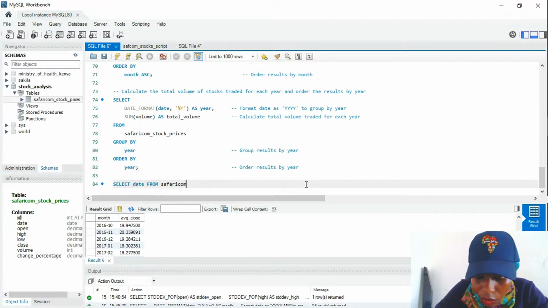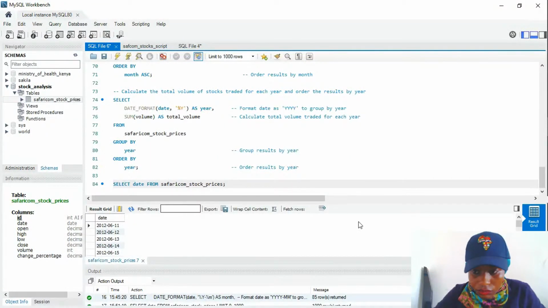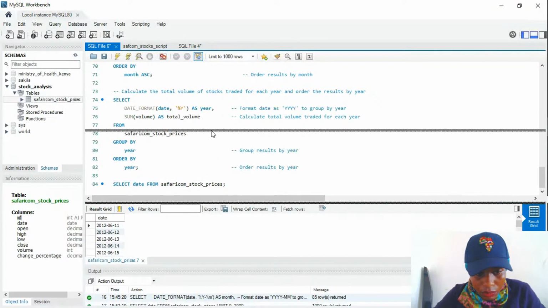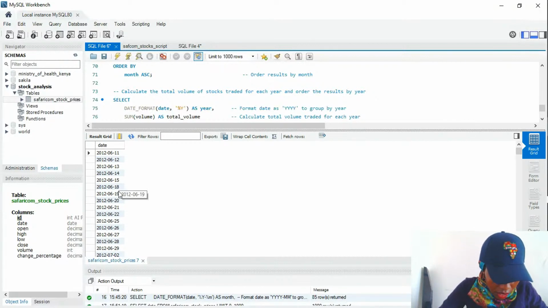You can just check what Maury has shared so that you understand what I'm trying to explain here. Let me expand. Now you realize the date format that we have here is different from the date format that you're getting when you try to upload the file.